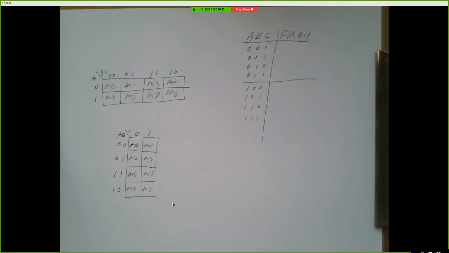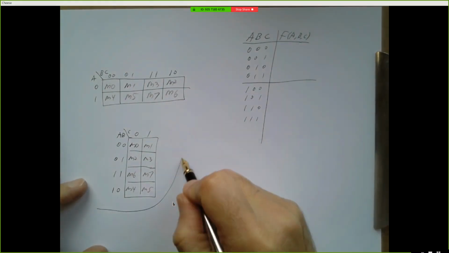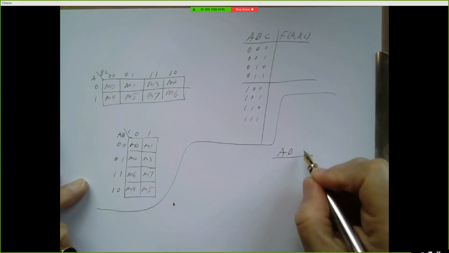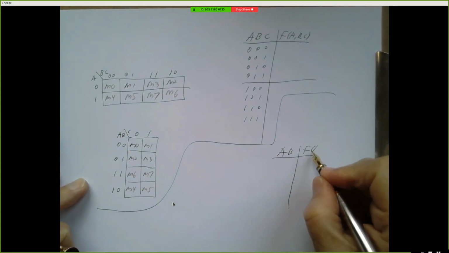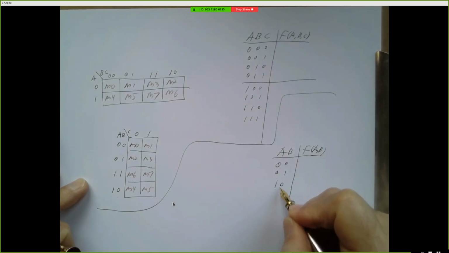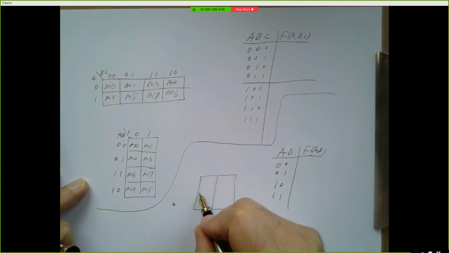Alright, so that's the deal with don't cares, that's the deal with things that aren't for variables, right? And a simpler case is a function of two variables. Well, our K-map here is just going to be a 2 by 2.